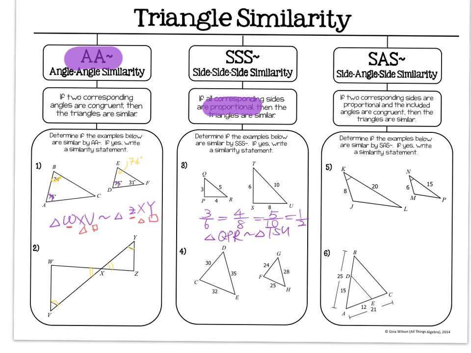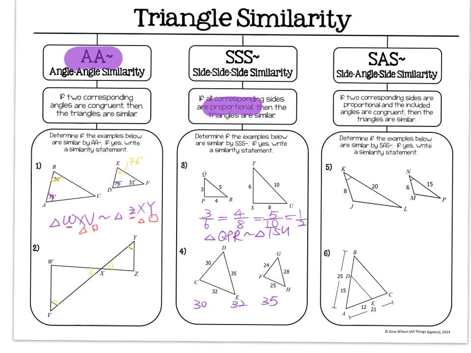And here we have 30, 32, 35. Another trick I almost forgot to tell you is I like to line them up from the smallest to the largest. So I have 30, 32, 35, three sides.